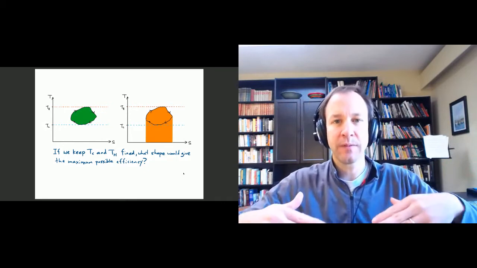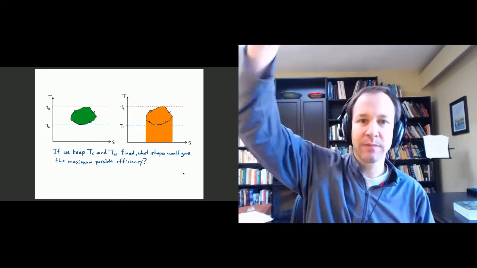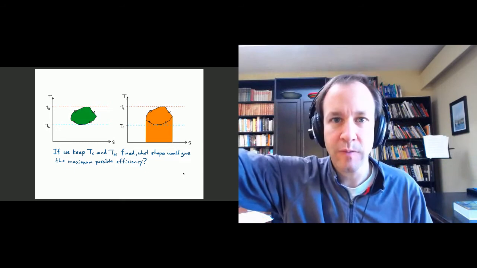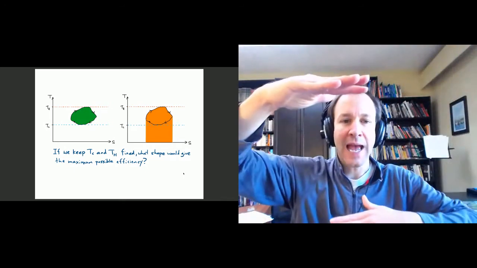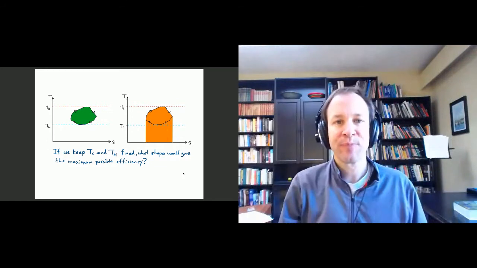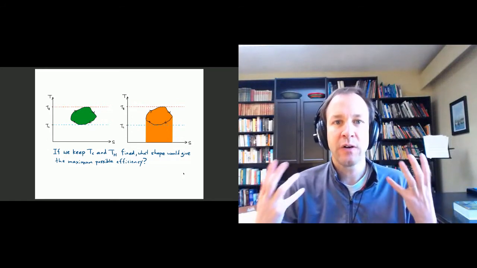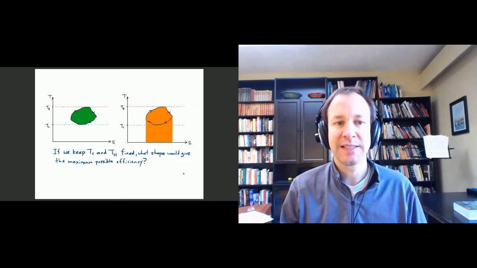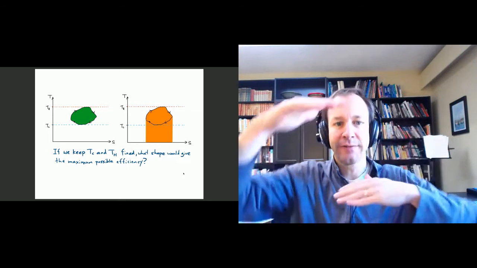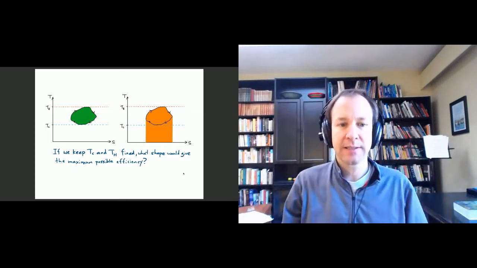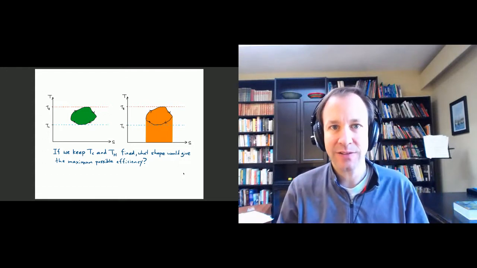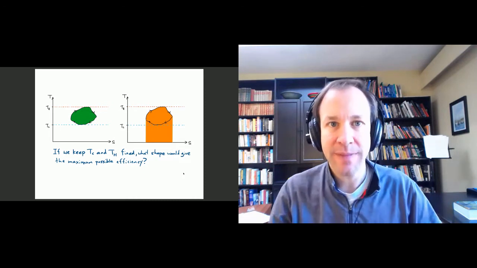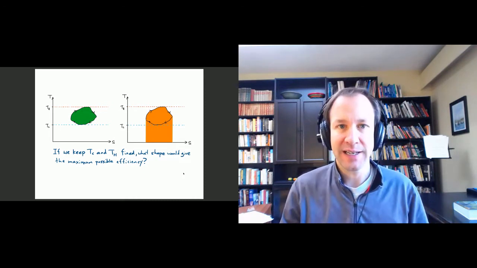And maybe there's a maximum temperature that we don't want our engine to go above, to make sure things don't melt and so forth. We want to know the maximum possible efficiency operating between these two constraints. This is an interesting question, so see if you can answer it based on the geometrical understanding of how to calculate efficiency.